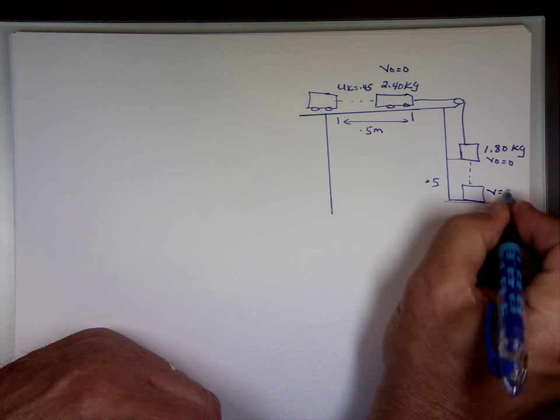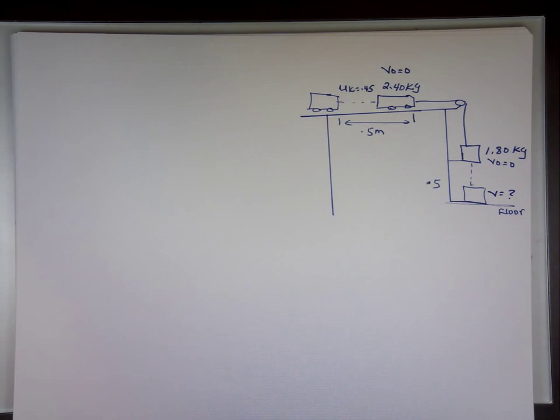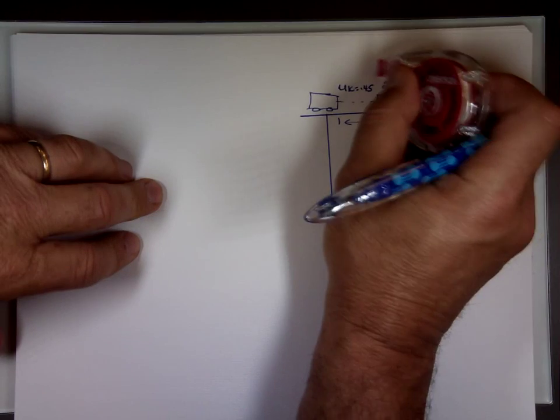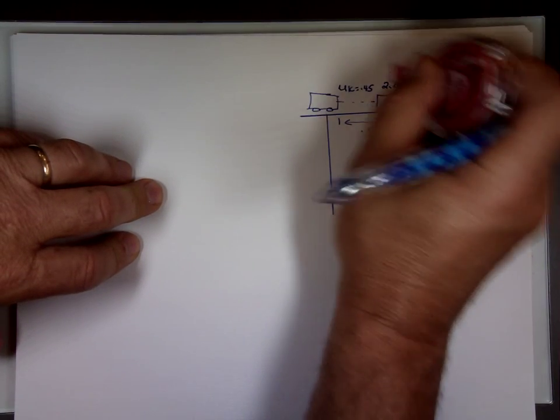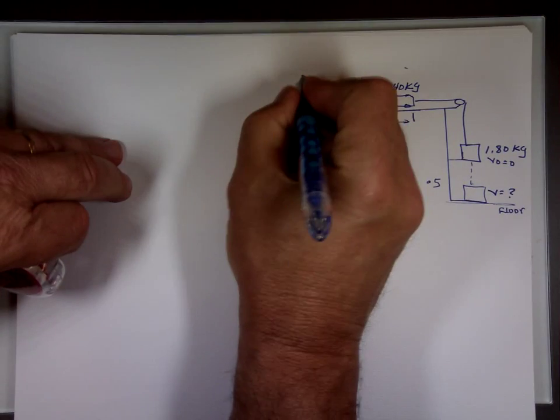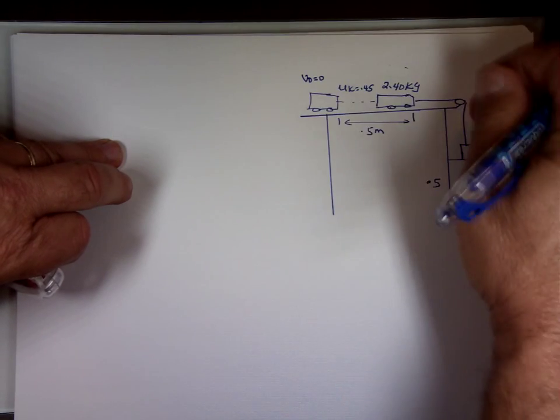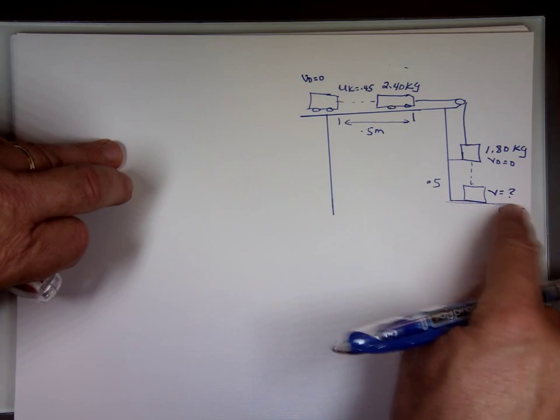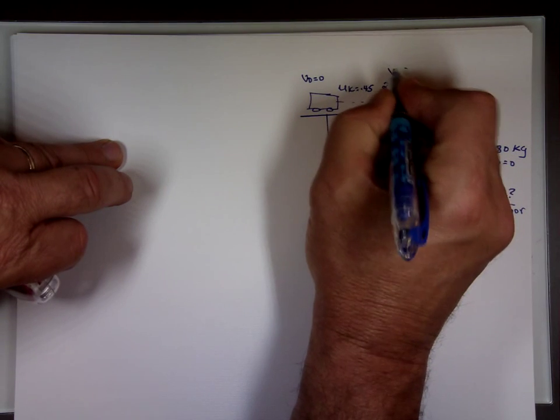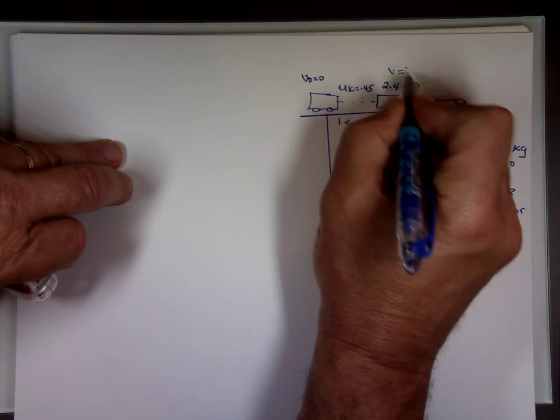Initially this has a speed of 0. This one goes to the right, this one goes down. Before it hits the ground, this has a velocity of v, and this has a velocity of the same number, because there's a string attached to them. If this is moving 5 miles per hour, that one is moving 5 miles per hour.